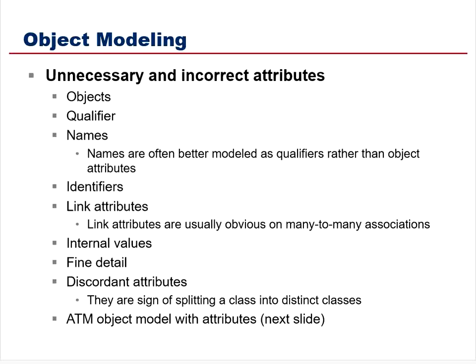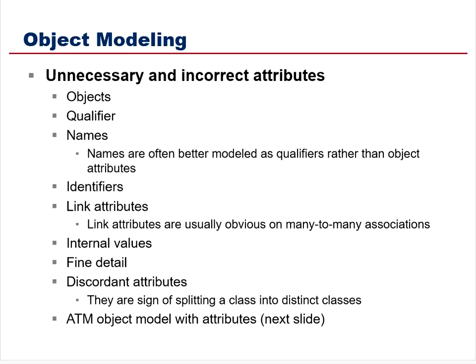Names are often better modeled as a qualifier rather than an object attribute. If we use names as an attribute, this is an incorrect attribute. Likewise the qualifier, the identifier, the link attribute with a many-to-many association, and internal values are all unnecessary and incorrect attributes.